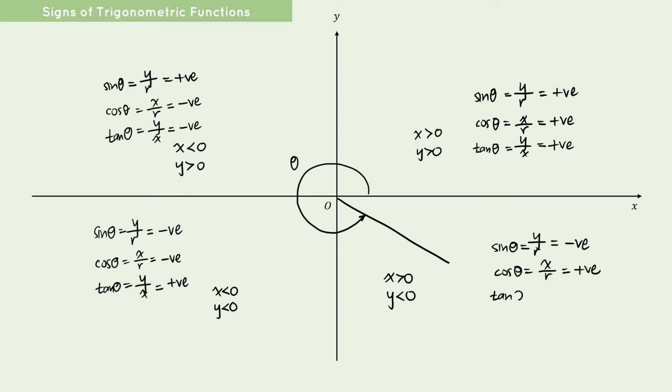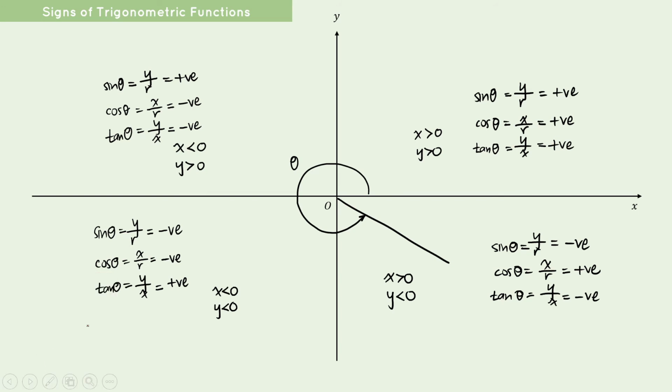Tangent theta, y over x, negative divided by positive, so you get negative. Right, so in the last quadrant, the fourth quadrant, only the cosine is positive.